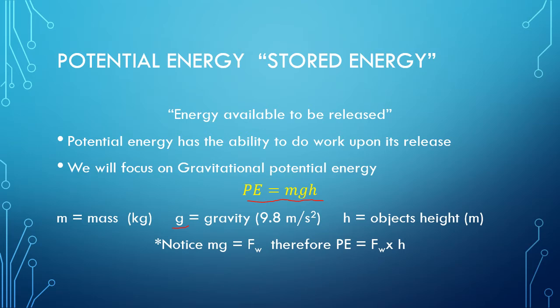We're going to take the object's mass in kilograms, the gravitational pull on that object, multiplied by the object's height in meters. So we will look at the potential energy of objects in trees that have the ability to fall to earth, or objects on a countertop or a table. So it's going to focus on objects at a certain height that have the potential to fall.